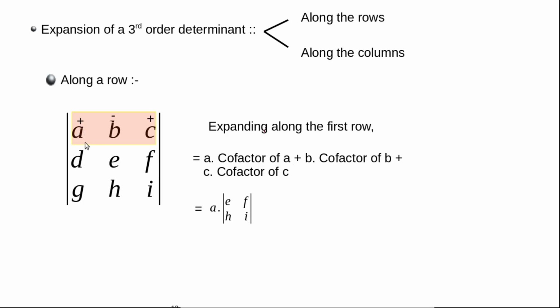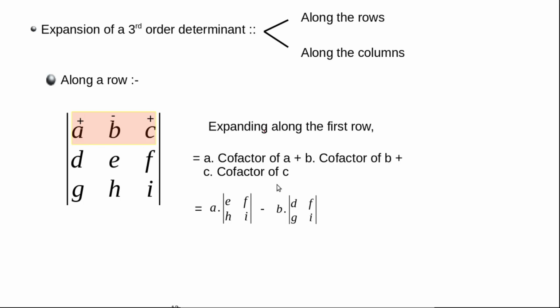Minor of a means if we suppress this row and this column, we will get E, F, H, I. Then we take minus, but here was plus. Why? Because the cofactor of b has the sign minus, so this sign becomes minus. Then b into the cofactor of b means minus sign into the minor of b.